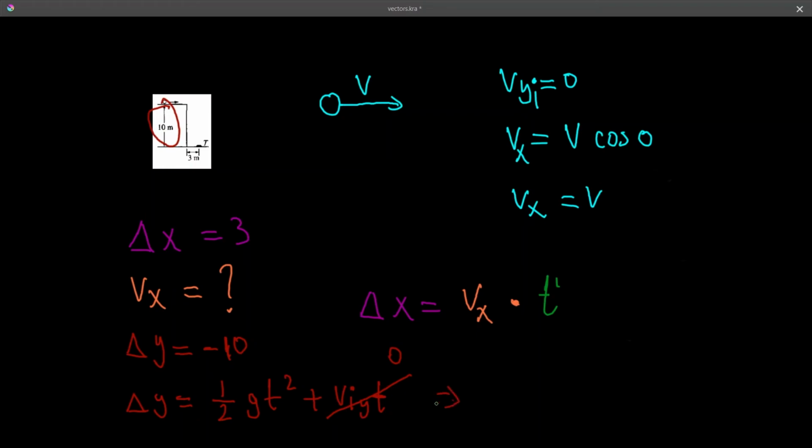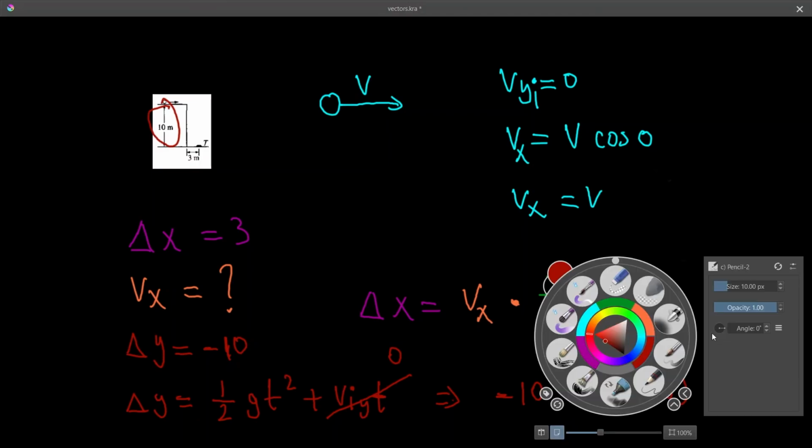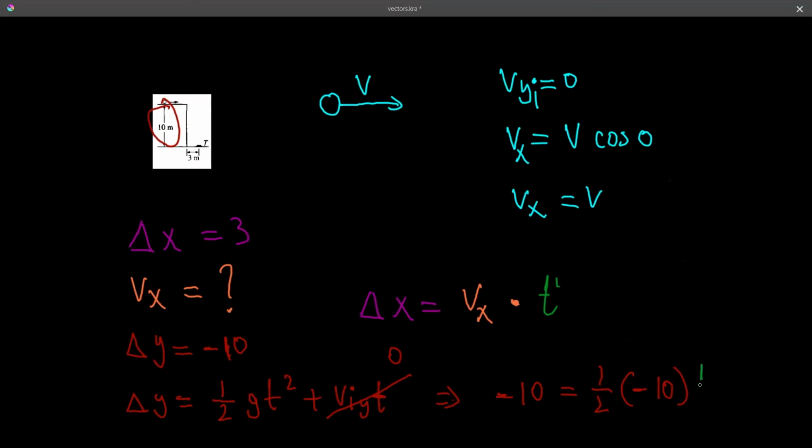Delta y is negative 10, so negative 10 is equal to half, g is negative, we're going to consider it negative 10, you can consider it negative 9.8 if you'd like, multiplied with t squared. If you solve this equation either with shift solve or you just do the math, you'll get that t is equal to radical 2.